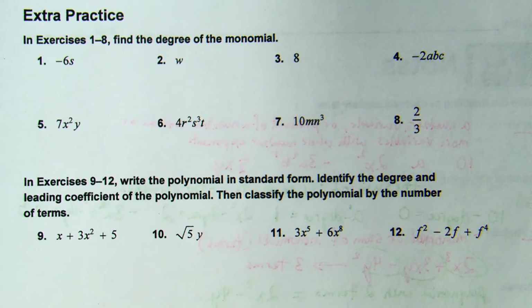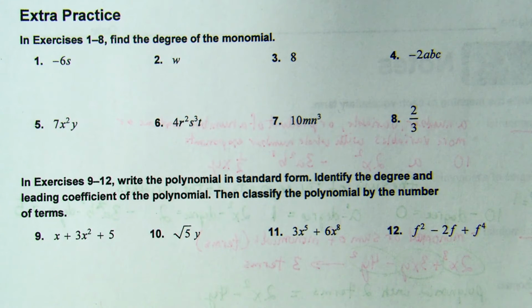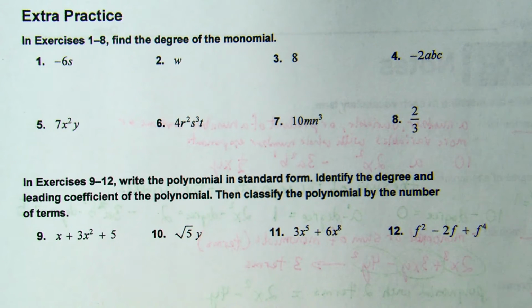For extra practice here, we're going to find the degree of each monomial. On the first one, remember we're looking at how many variables there actually are in our term or monomial.